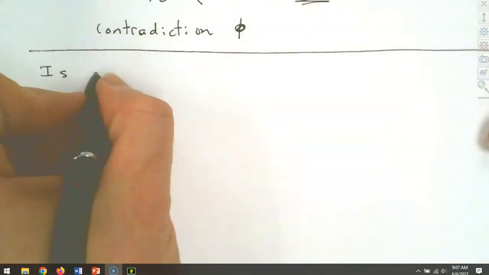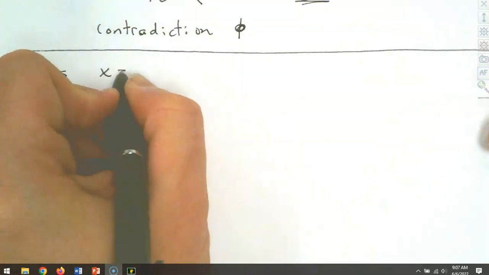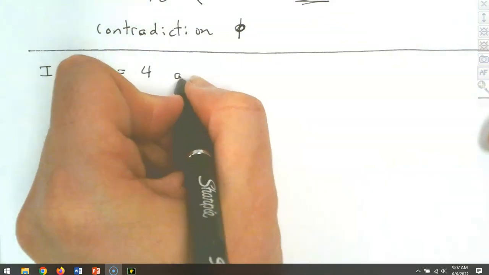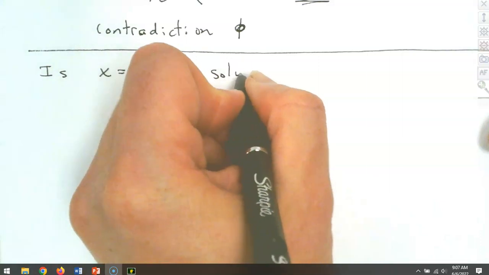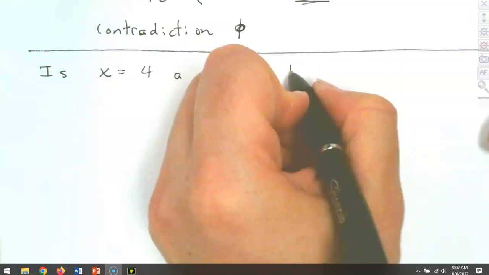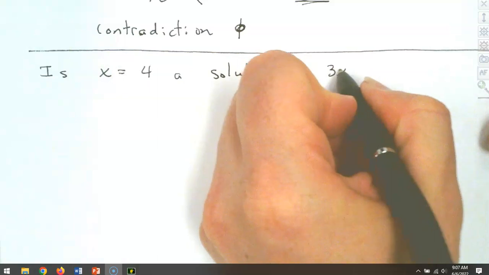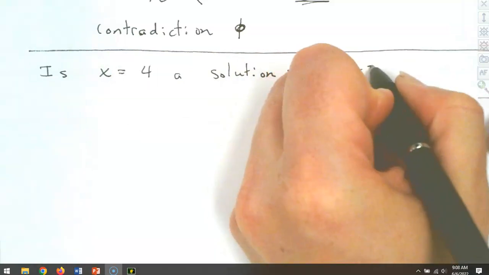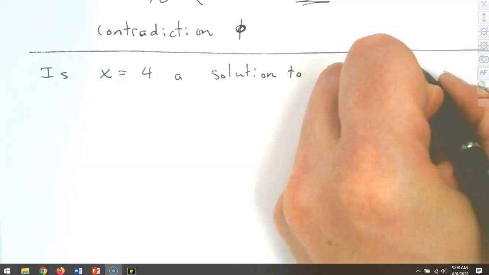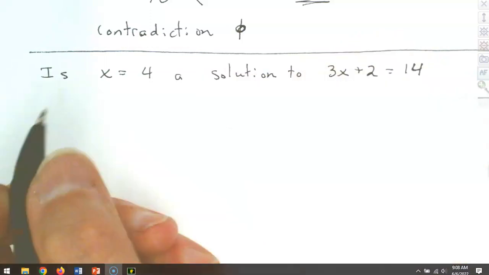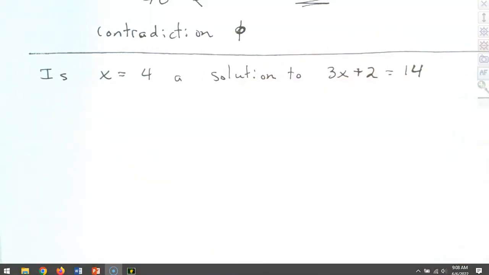Is x equals, let's say, 4, a solution to 3x plus 2 equals 14? So I want you to tell me, is this a solution or not? True or false?